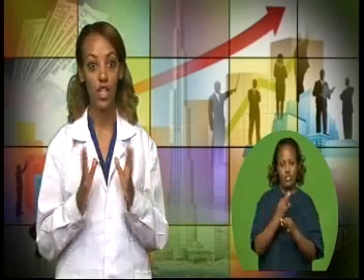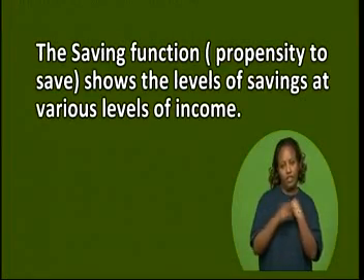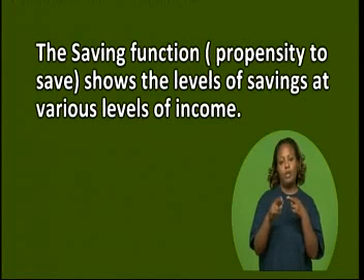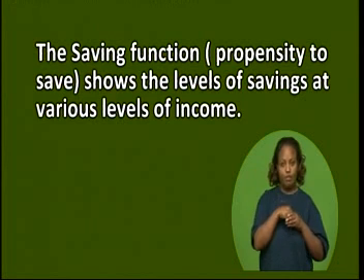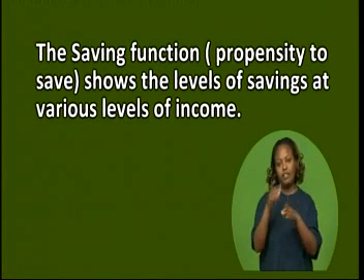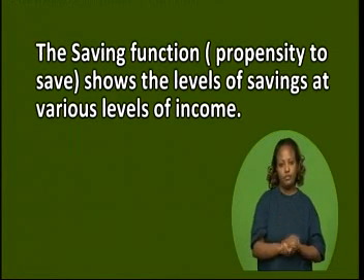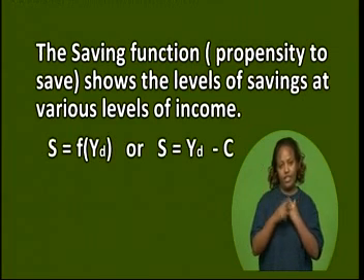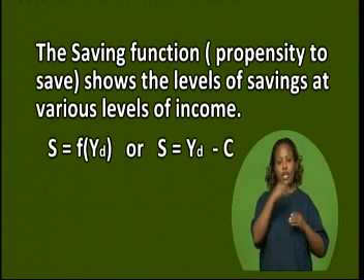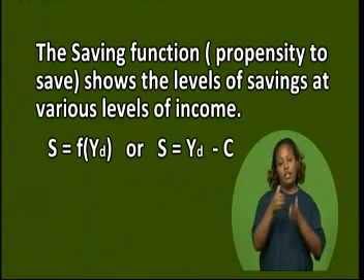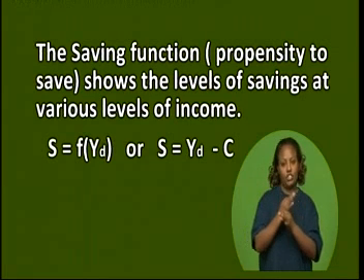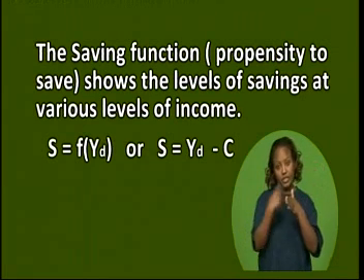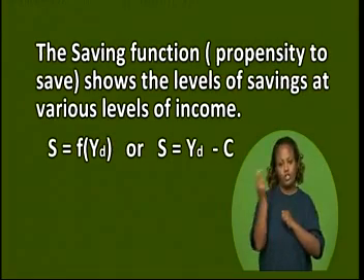Well, students, let's now discuss the saving function. The savings function shows the relationship between savings S and disposable income YD at different levels of income. Mathematically, saving S is equal to income YD less consumption C. Thus, the saving function is a corollary or reciprocal of the consumption function.